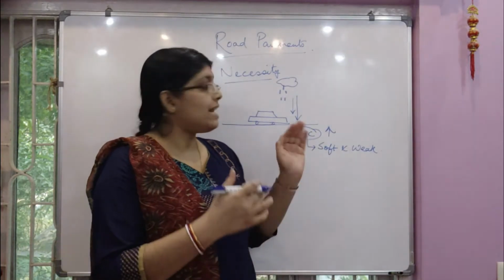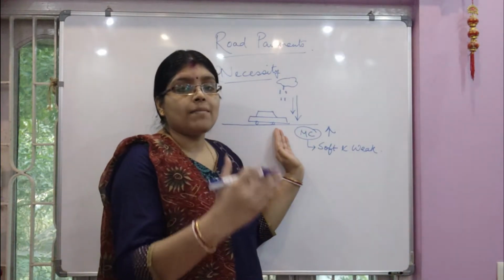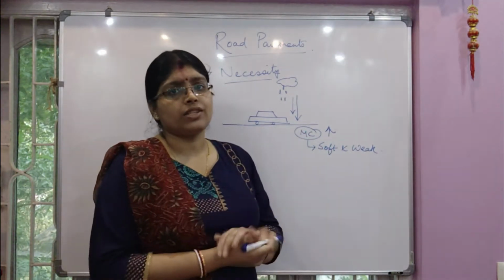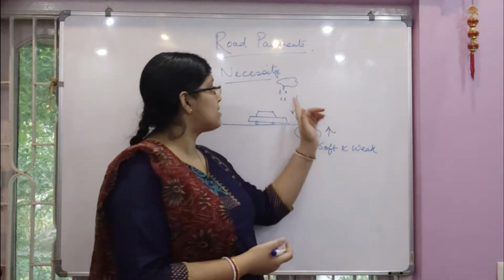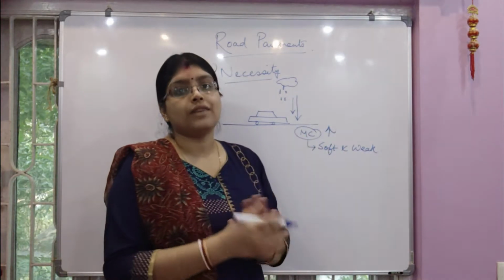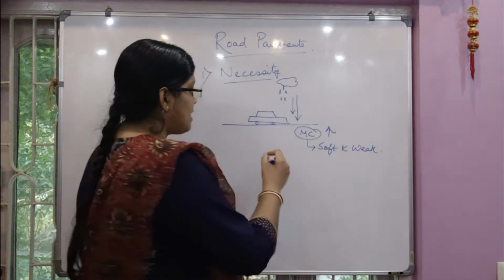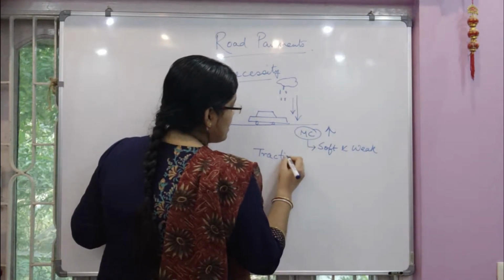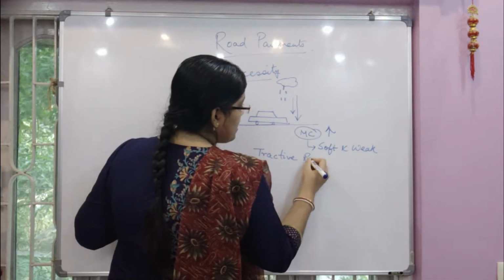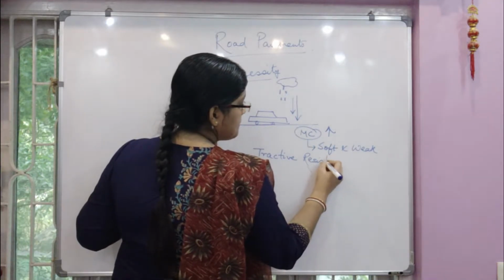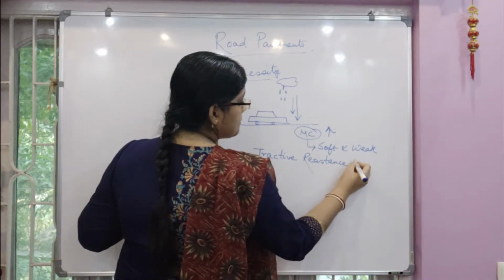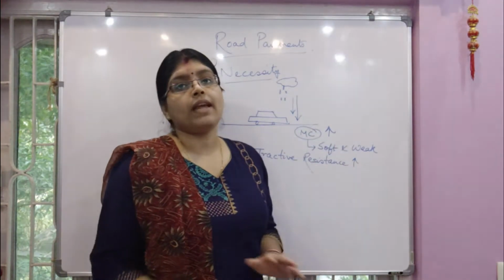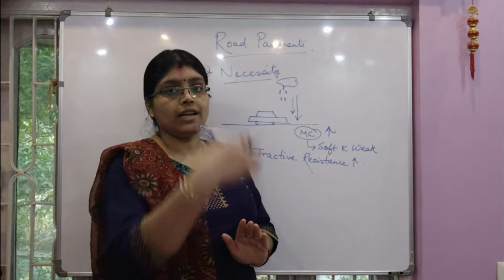So in a road there will be a number of uniformly varying traffic loads, and as the moisture content of the soil is very high during the rainy season, the tractive resistance increases. That means as the moisture content is high, the tractive resistance due to uniformly varying traffic load will get increased.